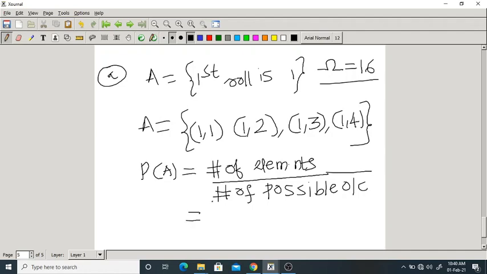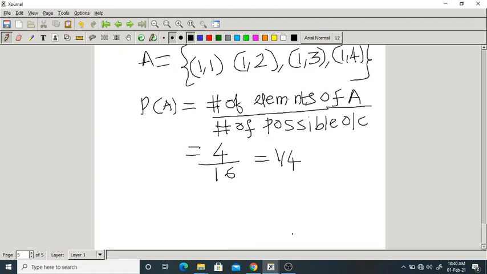Here the number of elements of A, how many are there? 1, 2, 3, 4. 4 by the total number of possible outcomes, how many? 16. So this is 1 by 4. Now what does event B say? Event B says the sum is 5.